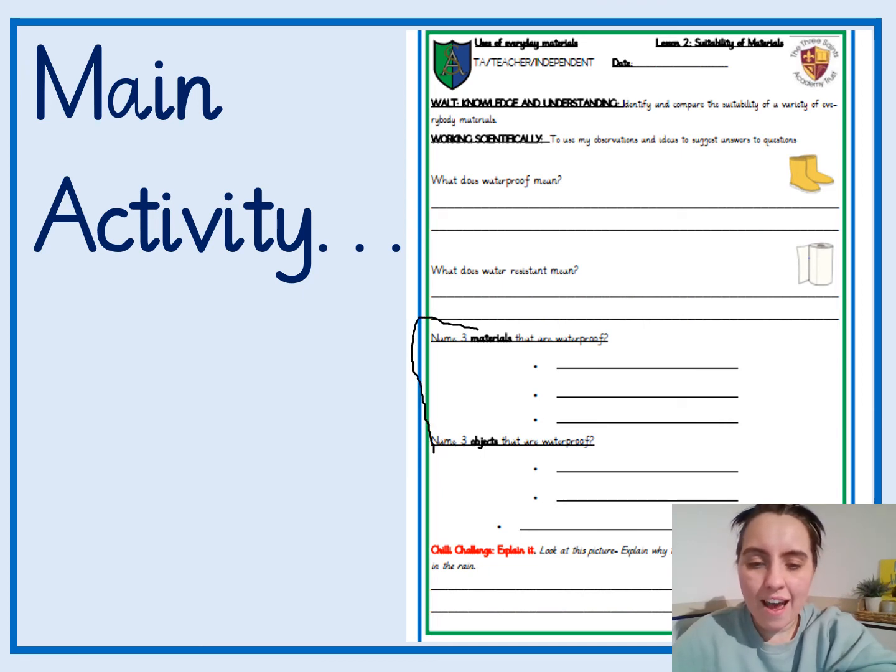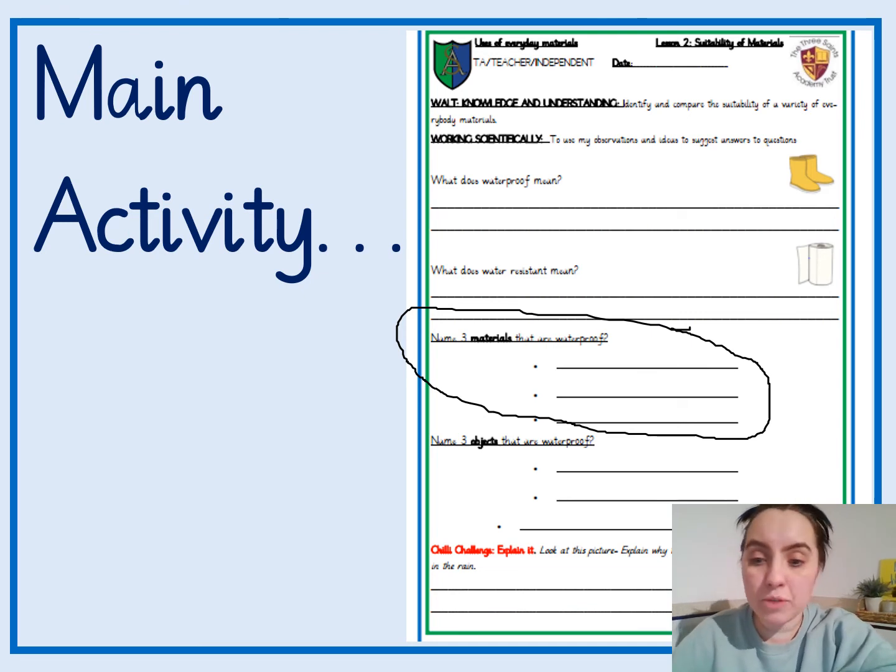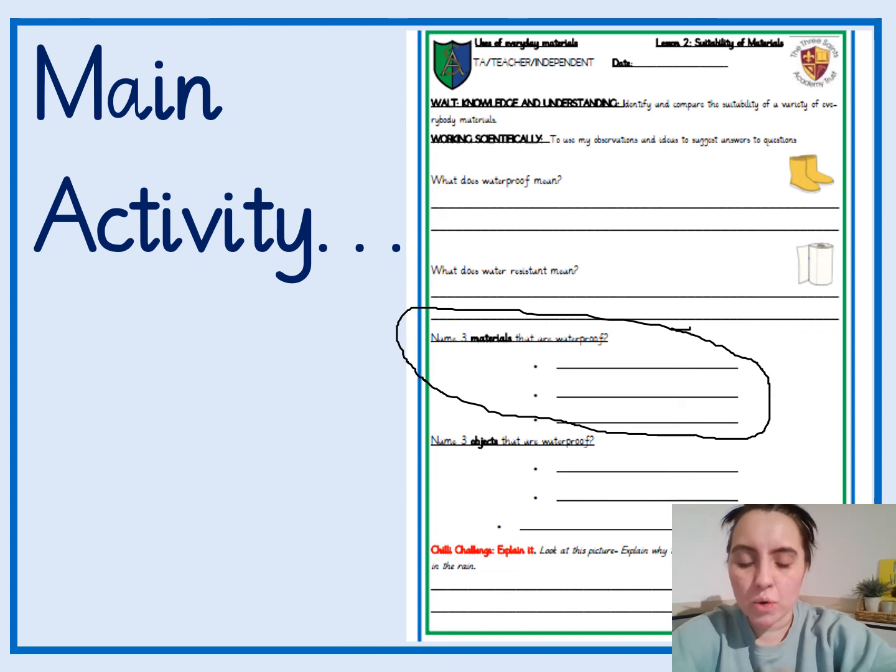Just here, I would like you to name me 3 materials, not objects, just materials that are waterproof. So when we're talking about materials, we're talking about glass, plastic, cardboard, all of those things that we talked about at the very beginning when we did our review.